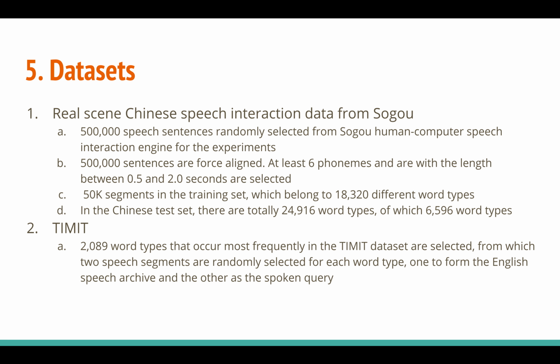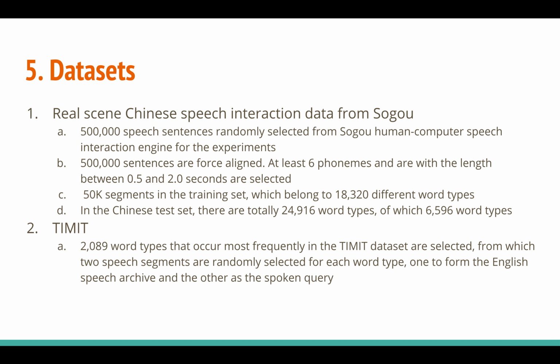Then for testing, they use 24,000 word types in total. I think there's a mistake here, so leave this part. They have another dataset, TIMIT, where the word boundaries are manually written.